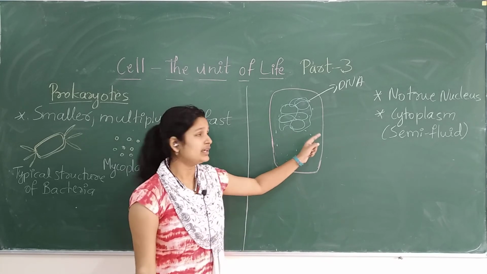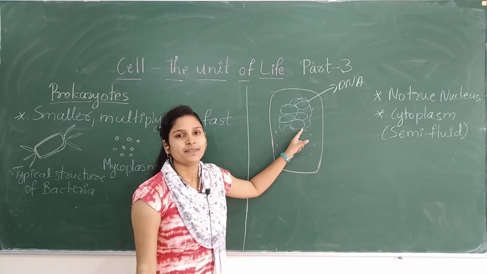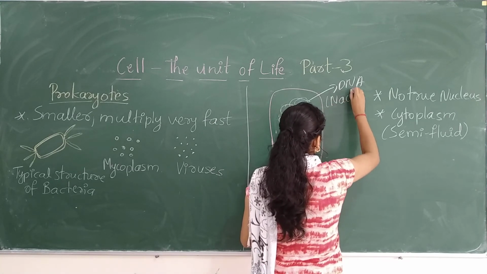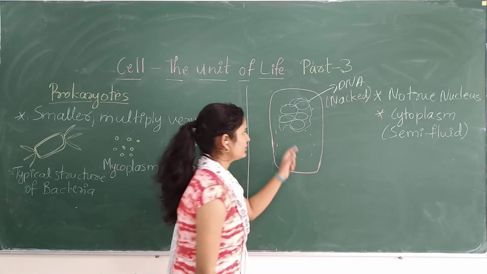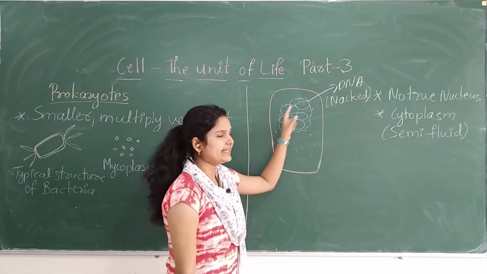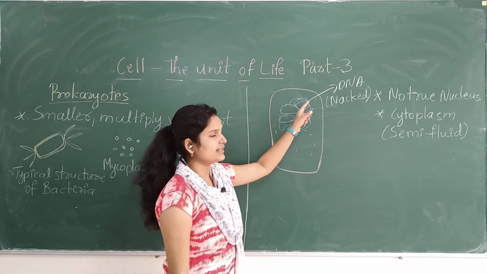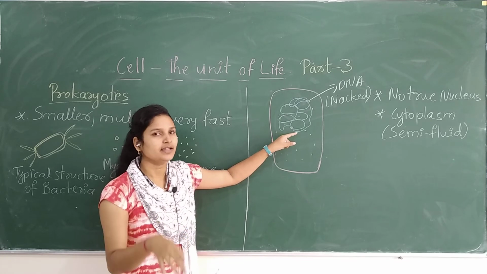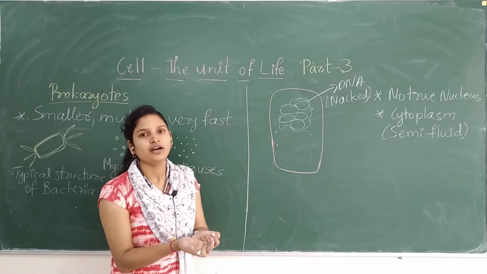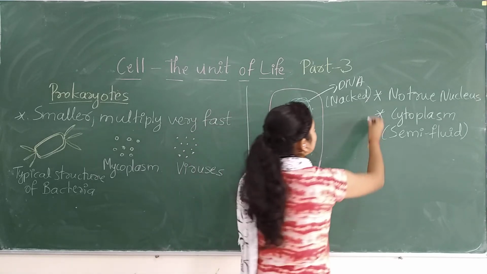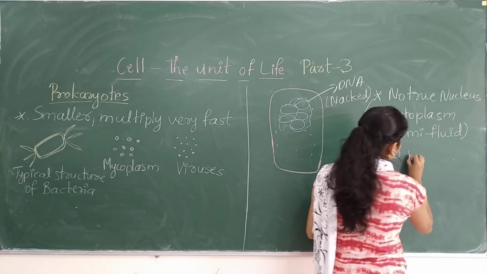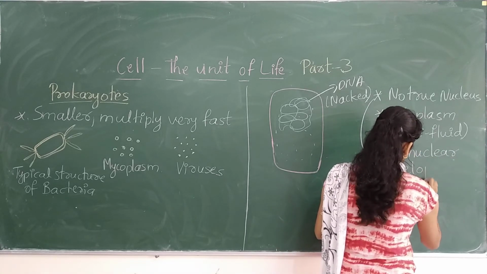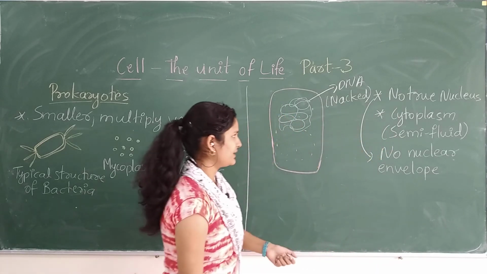We call this type of structure naked DNA. This genetic material will be hanging in the cell because it is not bound with the nucleus. When the nucleus is not there, no nuclear envelope will be present.